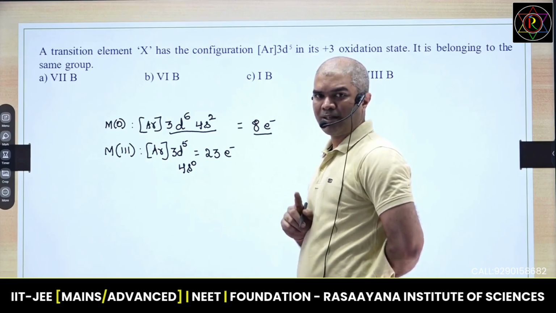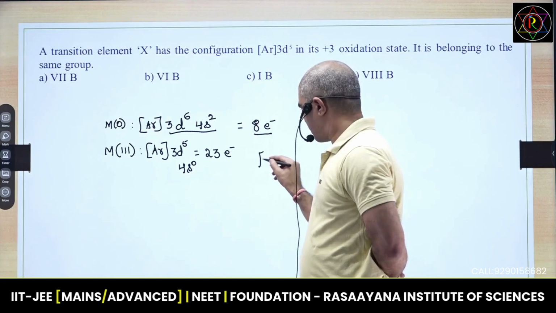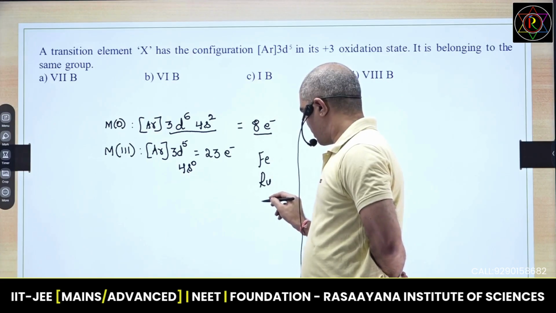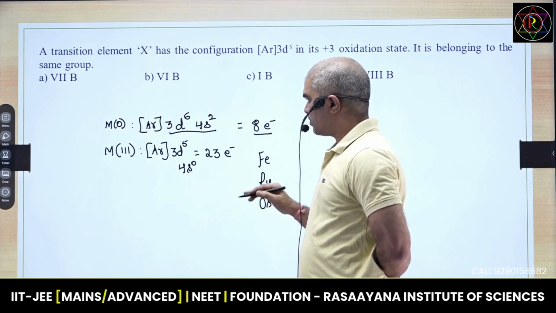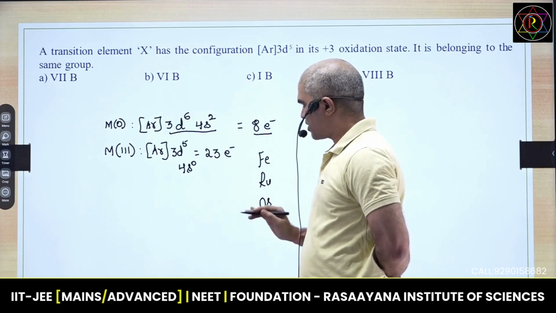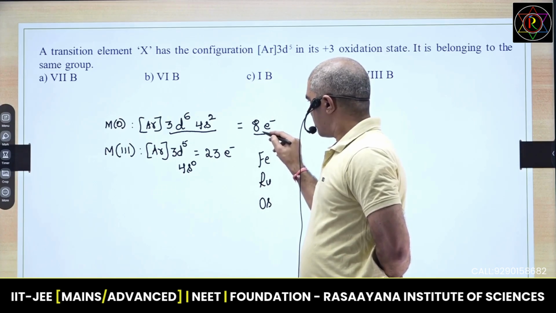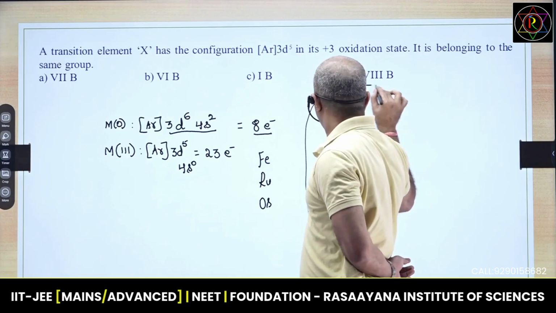What elements are there in the 8th group? Iron, ruthenium, osmium and hassium. Iron, ruthenium and osmium: 3d, 4d, 5d. Forget about 6d. So this belongs to the 8th group, or in the American nomenclature it belongs to 8b.